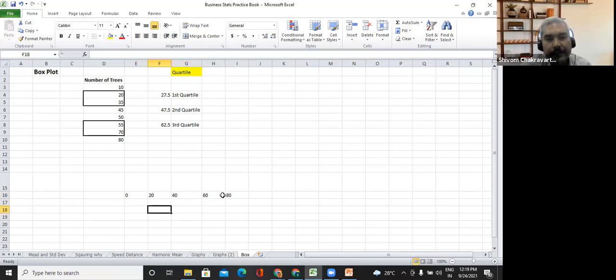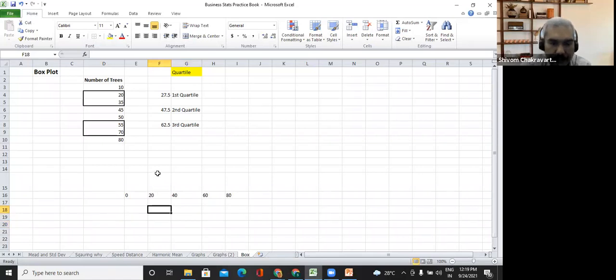On this axis we have plotted the values, and we want to first draw the first quartile, which is 27.5. Since 30 will be in the middle, 27.5 will be just somewhere here.